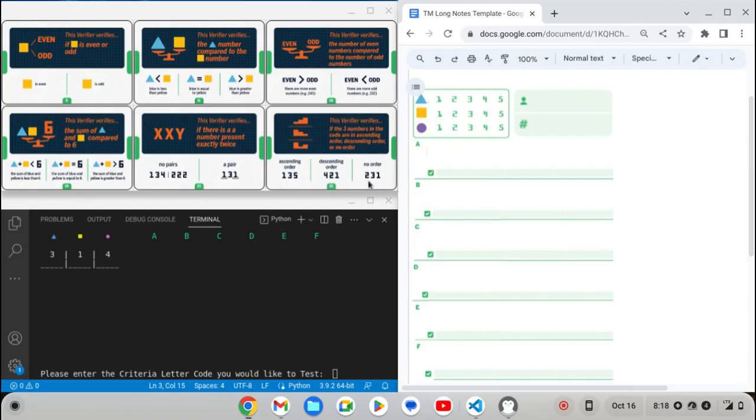Notice that it goes from 2 to 3, it increases, and then goes from 3 to 1, and then decreases. So it's that shift from increasing to decreasing, or in other cases, decreasing then increasing, that is one way to define a 3-digit code to have no order.